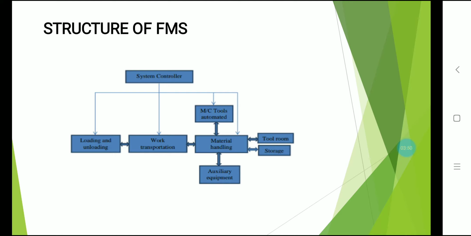Second one is the automated machine tools. Automated machine tools are MC tools. The system is flexibly manufactured in the manufacturer. It will be controlled by the computer only. For general purposes, MC tools are normally used in the flexible manufacturing system.